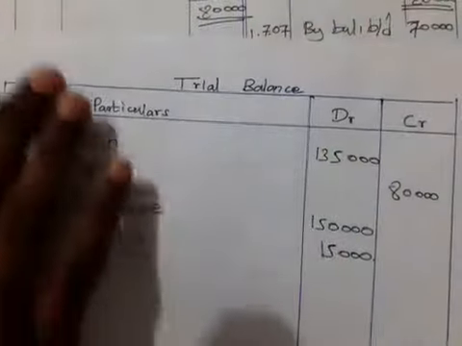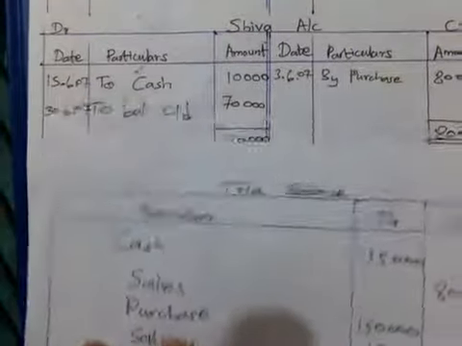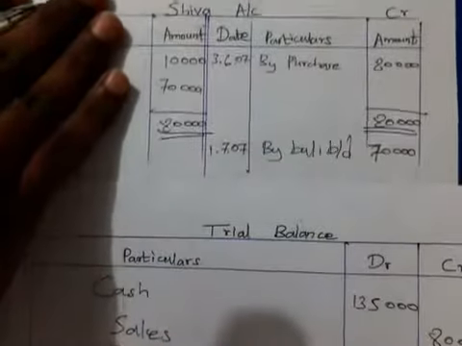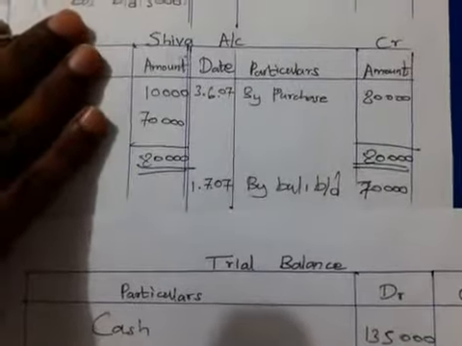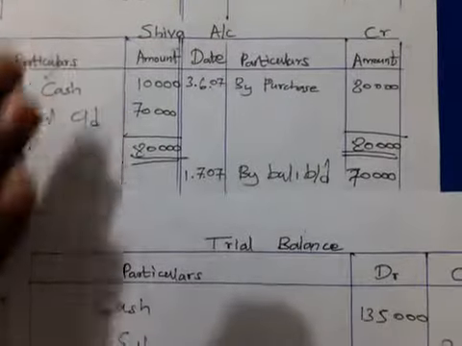The next one is the Shiva account. In the Shiva account we got the balance on the credit side. So we have to record it in the credit column of the trial balance.